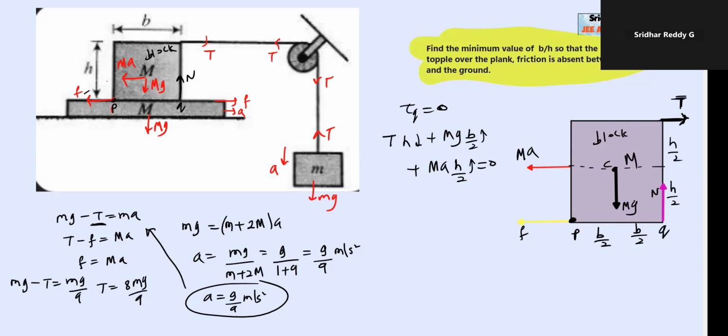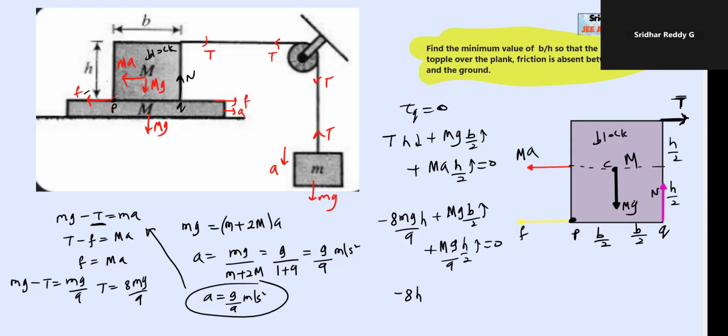So substitute all the values. Tension is how much? 8 mg by 9 h clockwise. mg b by 2 anti-clockwise. mg by 9 equal to... g will get eliminated. m will be 1 kg.